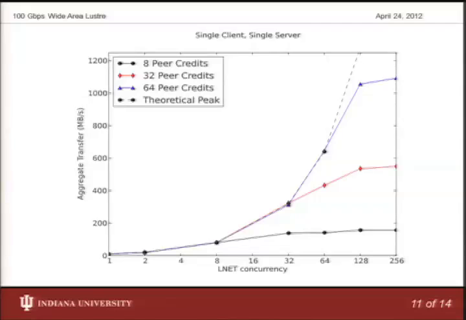For each bump up in the number of peer credits, you get up to the theoretical maximum from that equation I showed a couple slides ago, up to the number of peer credits, and then your performance starts to level off. Now this is what we saw for a single client to a single server, because that's sort of the simplest setup where we could collect the data and see what was going on.